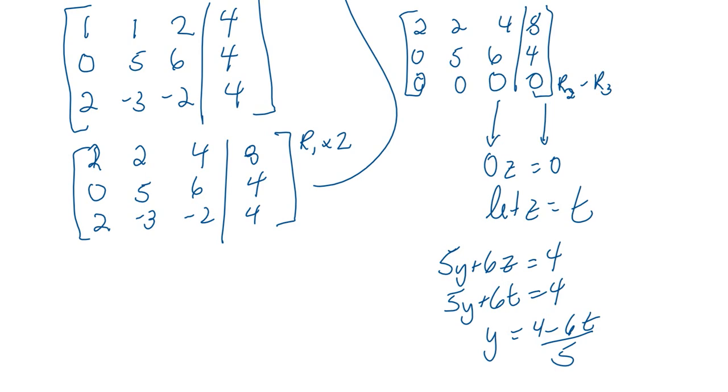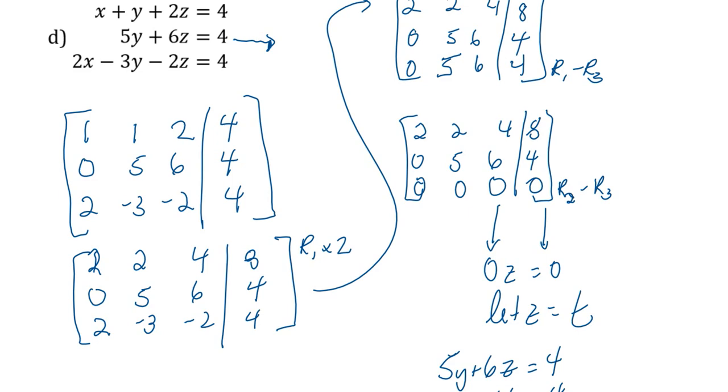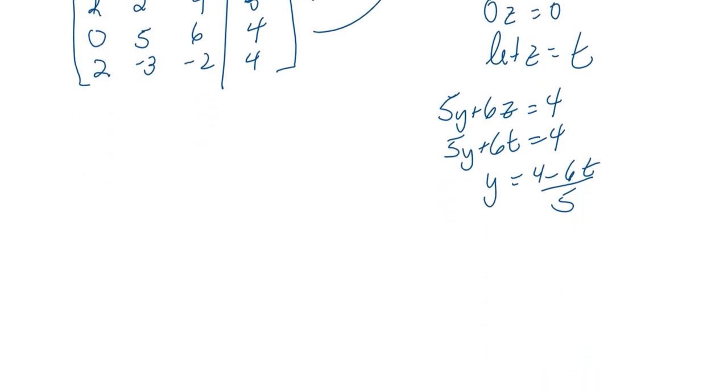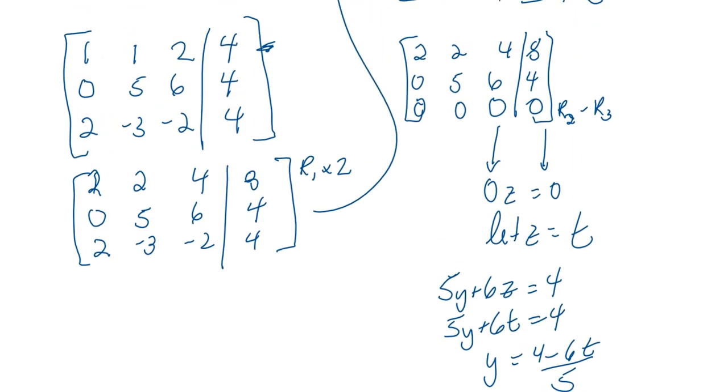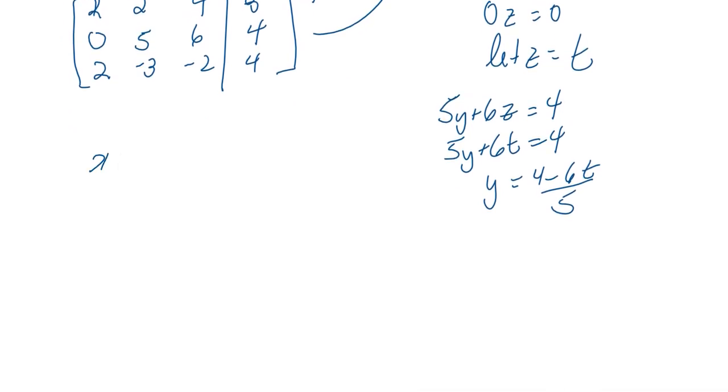Now, you can use any version of row 1 that you want. I'm going to use this original one here, not the one where I multiplied by 2, but of course you would get the same answer if you use the one where you multiplied by 2. So the original row 1 was x plus y plus 2z equals 4. Right?